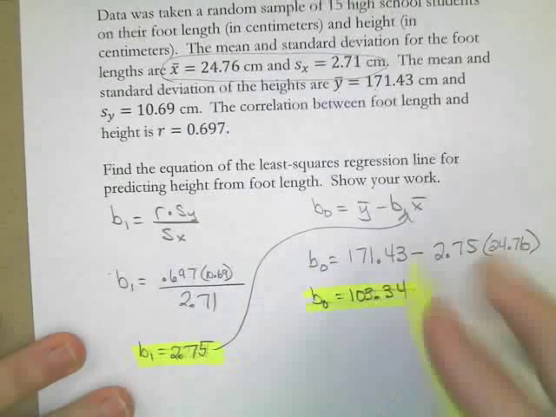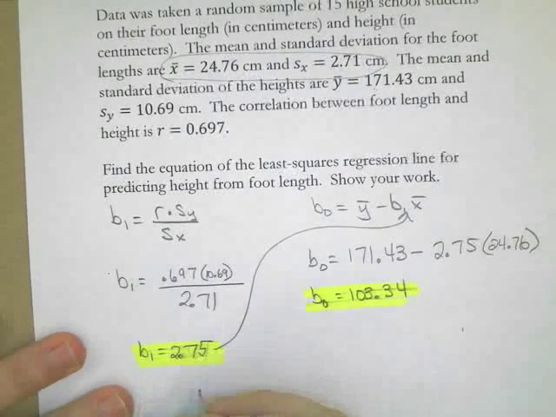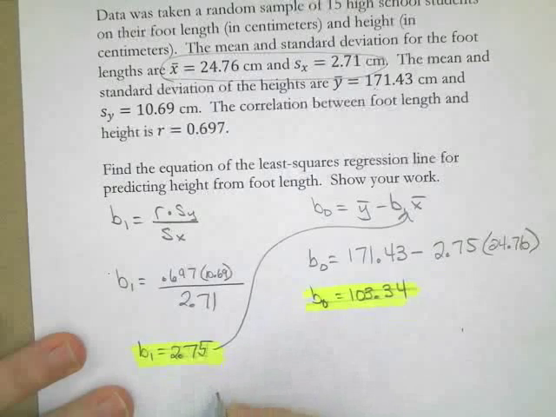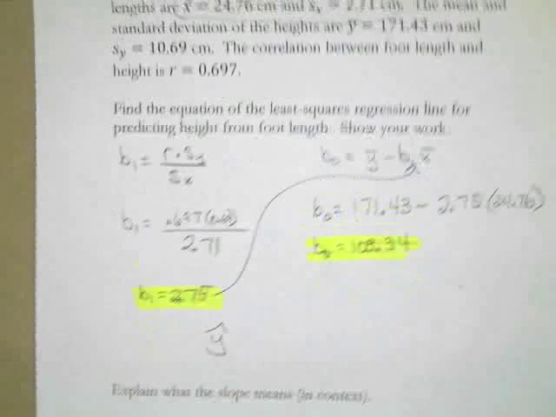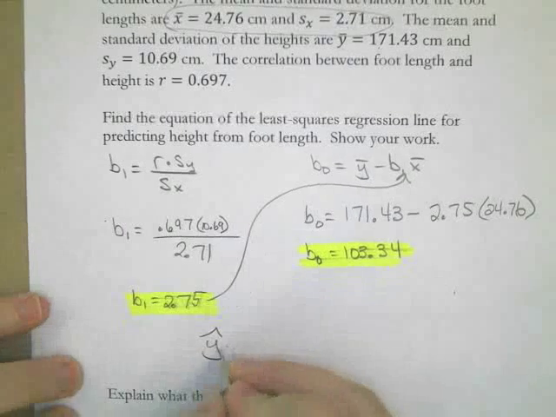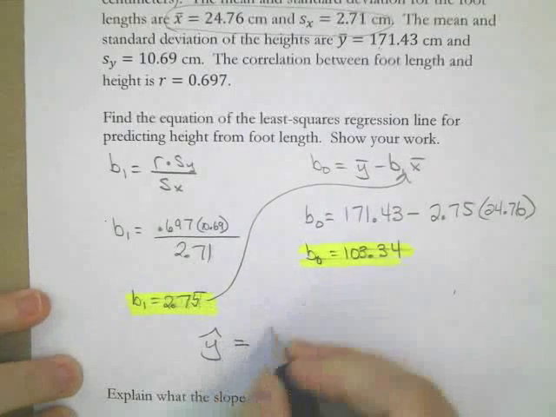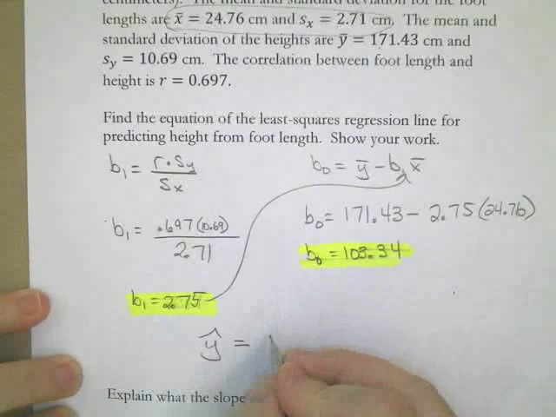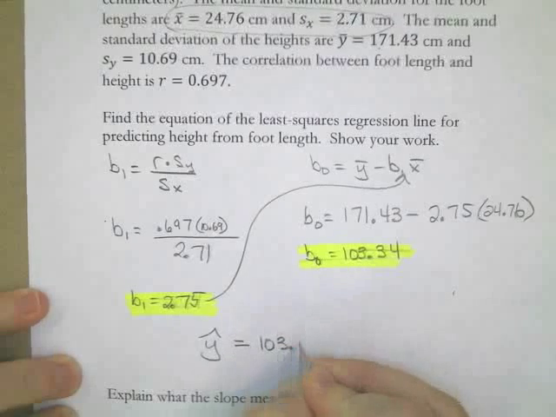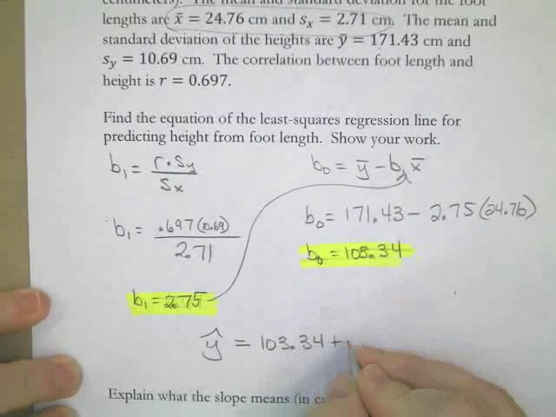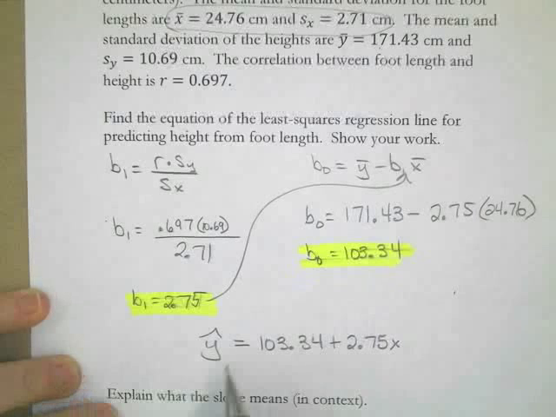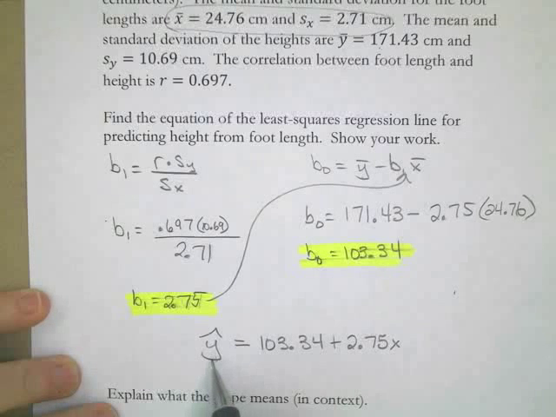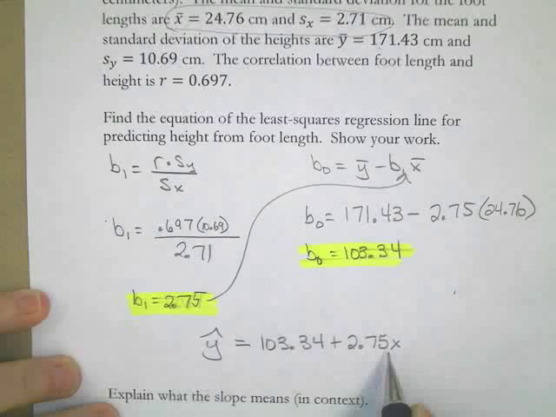And so what I'm going to do is write my predicted equation. So y hat, which is the predicted y, equals 103.34 plus 2.75x, where y hat is your predicted height and x is the foot measurement.